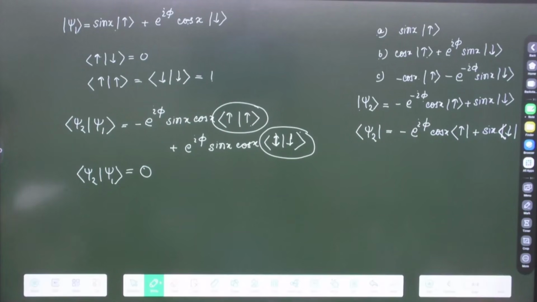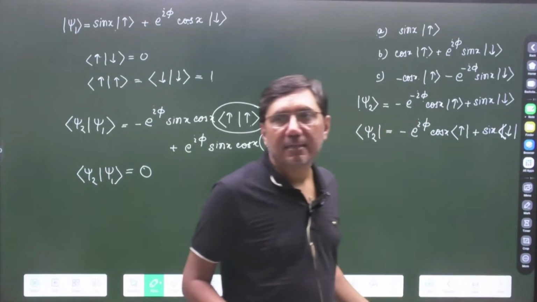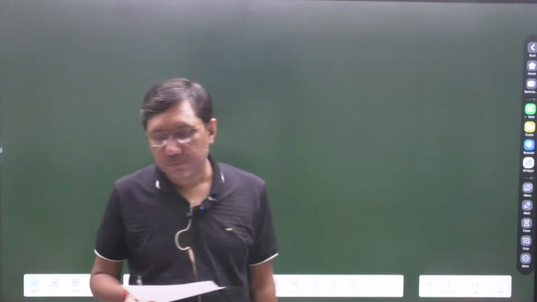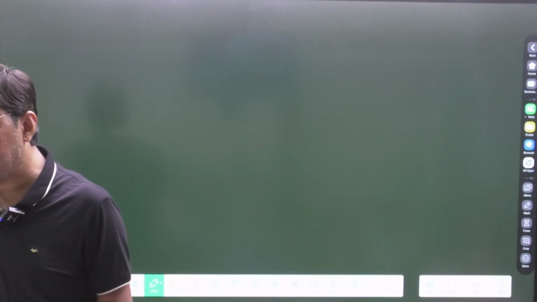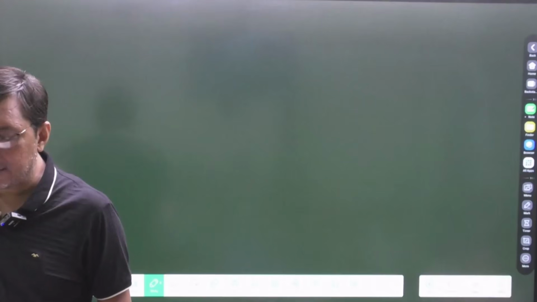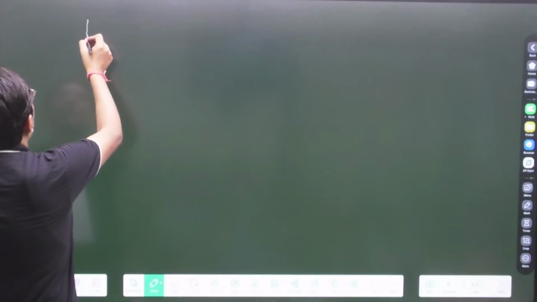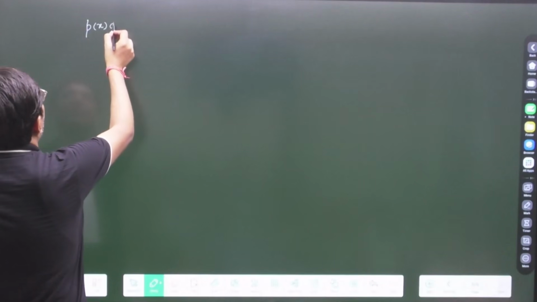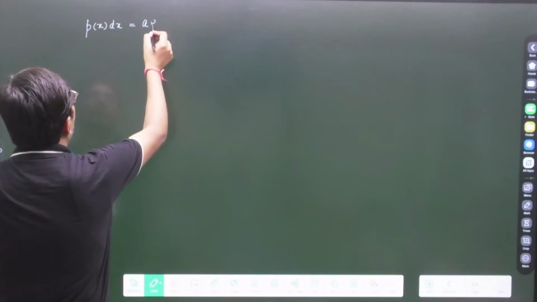If the probability that x lies between x and x plus dx is p(x) dx, sorry, equal to a e to the power minus ax.